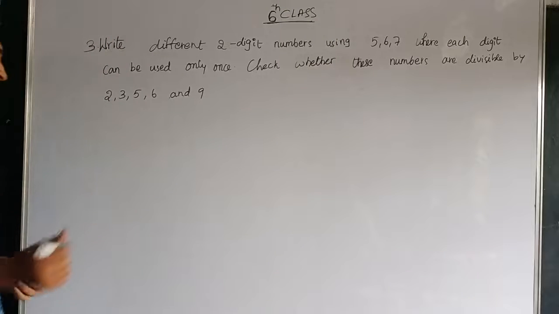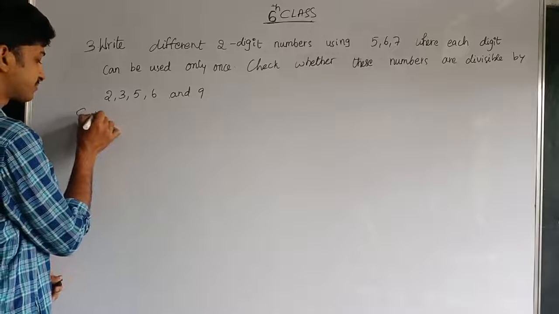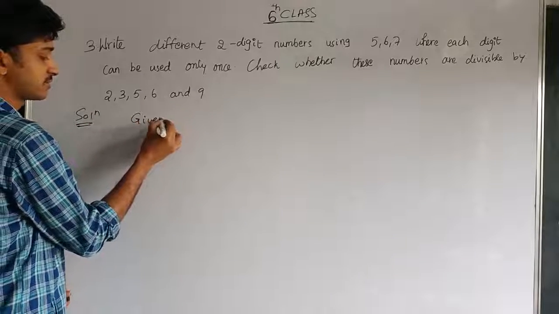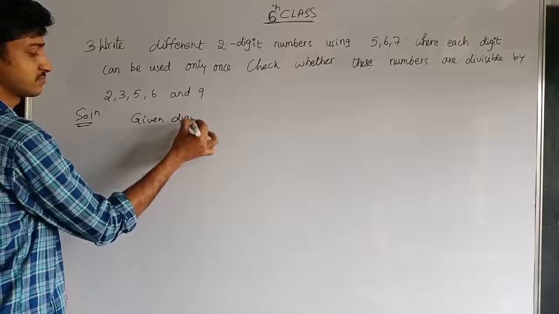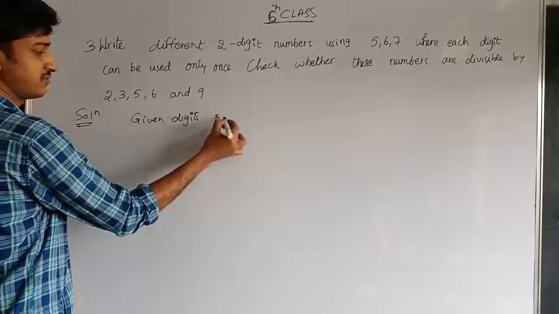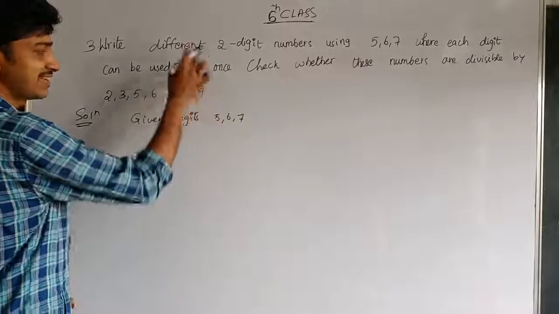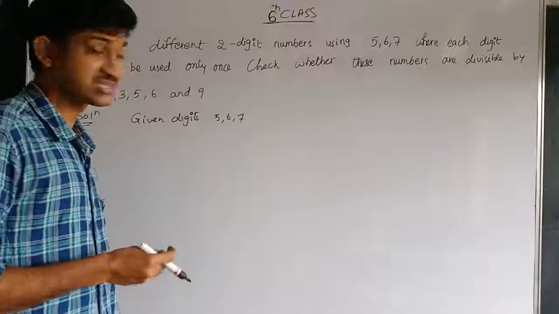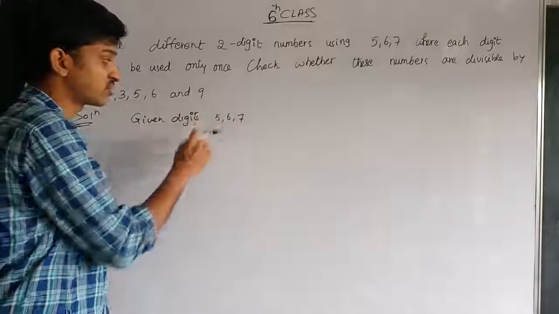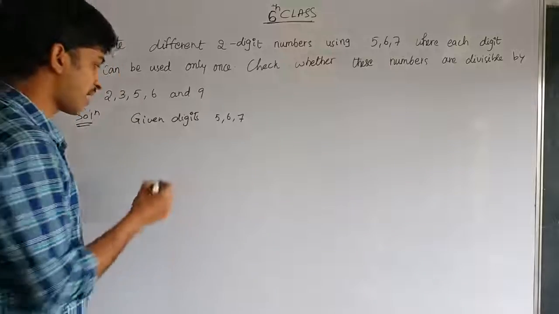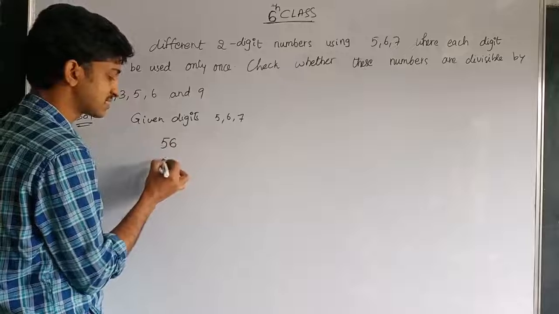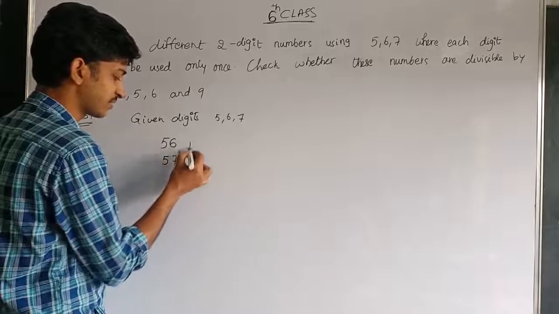Okay. So what are the given digits? The given digits are 5, 6, 7. Here he didn't mention how many numbers we can write. We can only write two-digit numbers. So I am writing the first number as 56, and next one is 57.